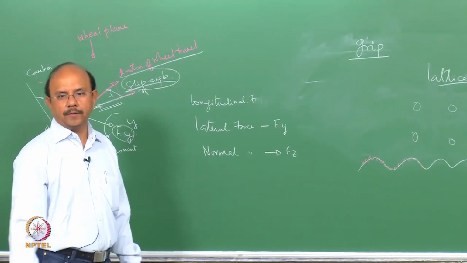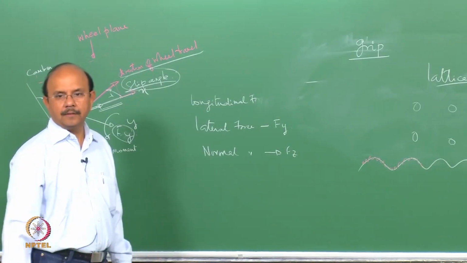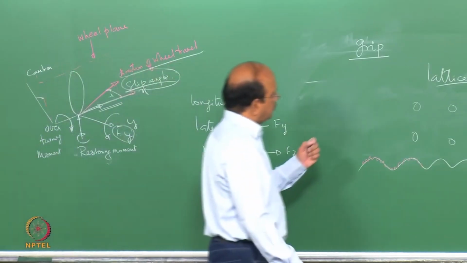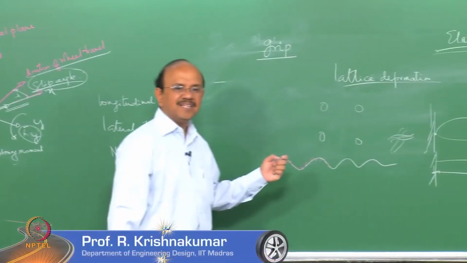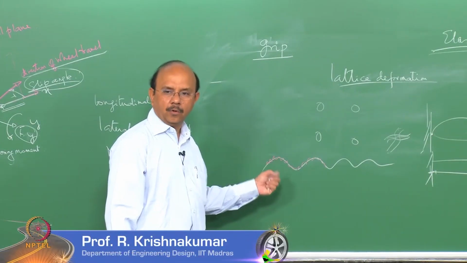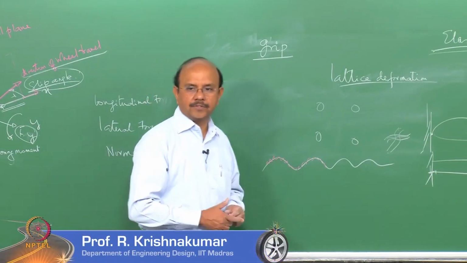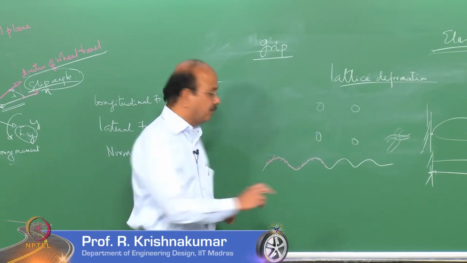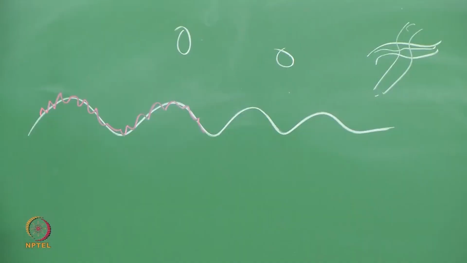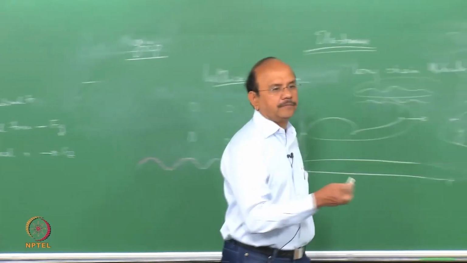How does this rubber interact with the road is our next question, given that we have these two kinds of roughnesses. That we will see in the next class.